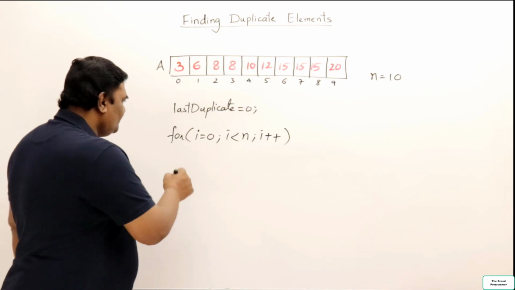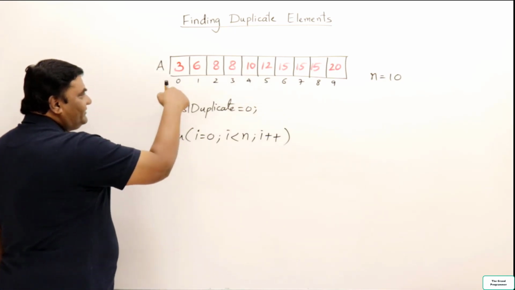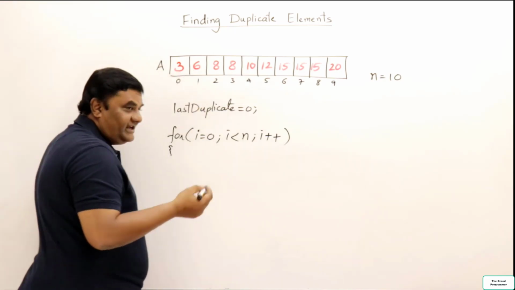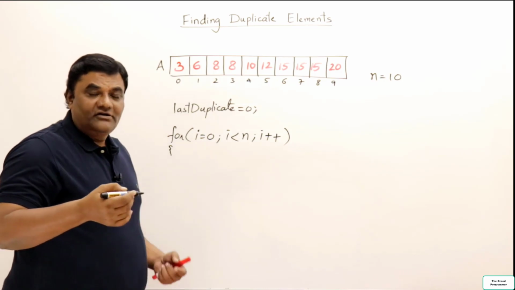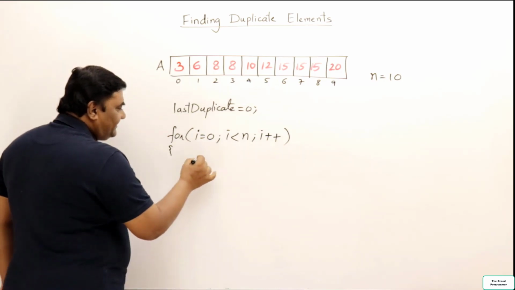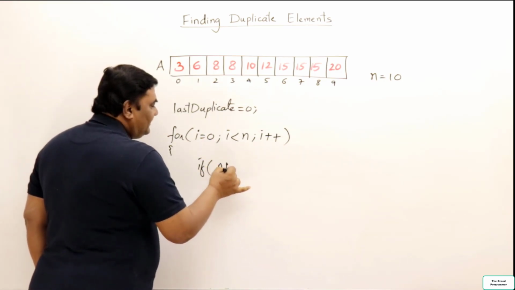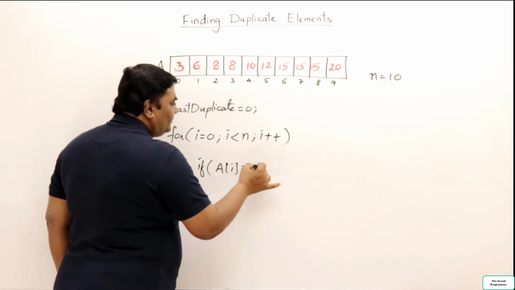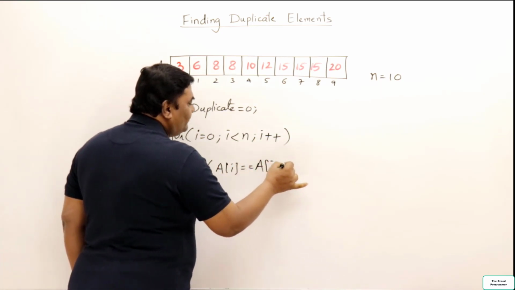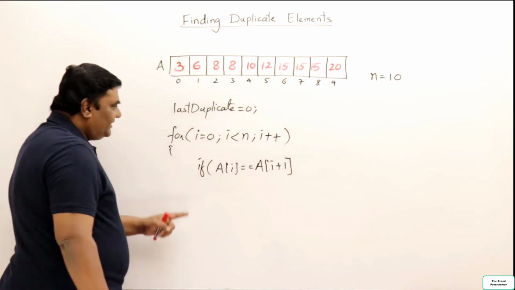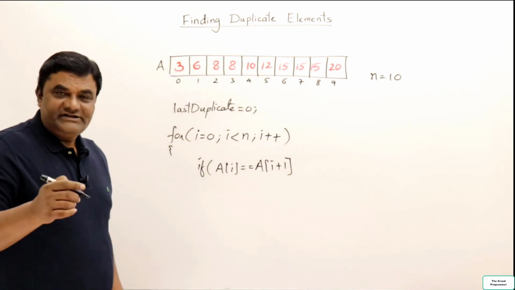Then every time, being on one index, I should check whether the next element is the same. If it is the same, then I got a duplicate. So check if a of i is equal to a of i plus 1.